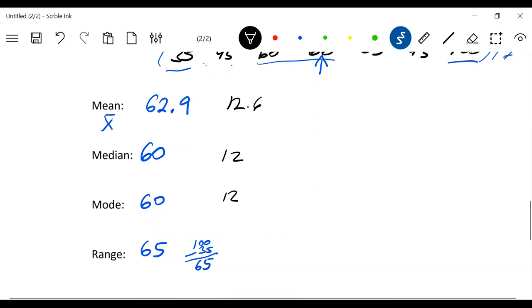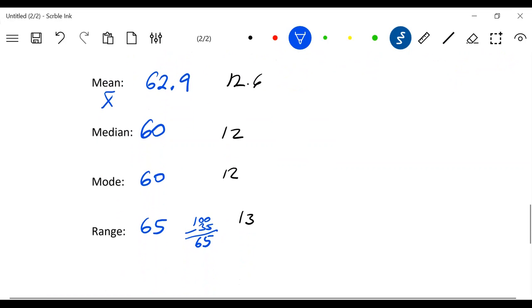So if we look here at the mean, the 62.9, let's see, we multiplied by 5.